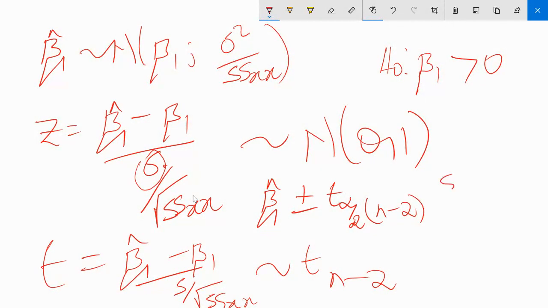And the standard error in this case is S over the square root of SSXX. So you can also estimate beta using a confidence interval. Is it clear?